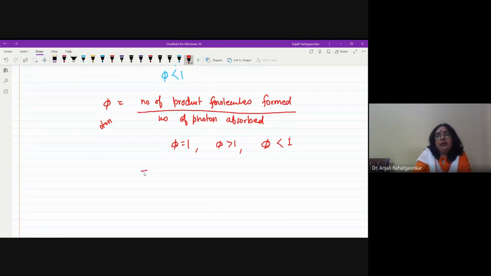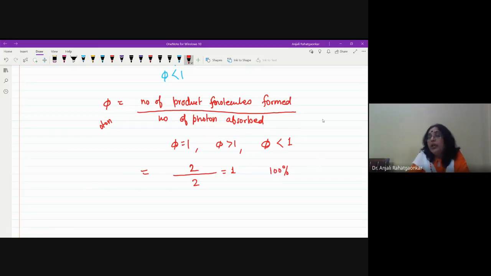Now if I say that the number of product molecules formed, if I am supplying two photons and two molecules are formed in the product, so the expected quantum yield is 1. So 1 means 100% conversion.